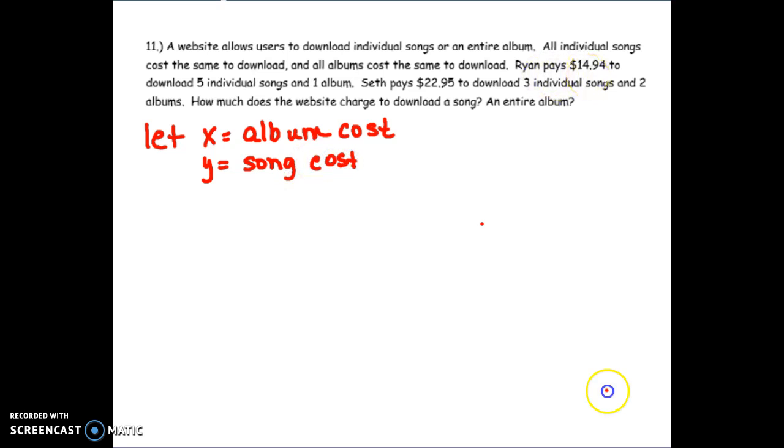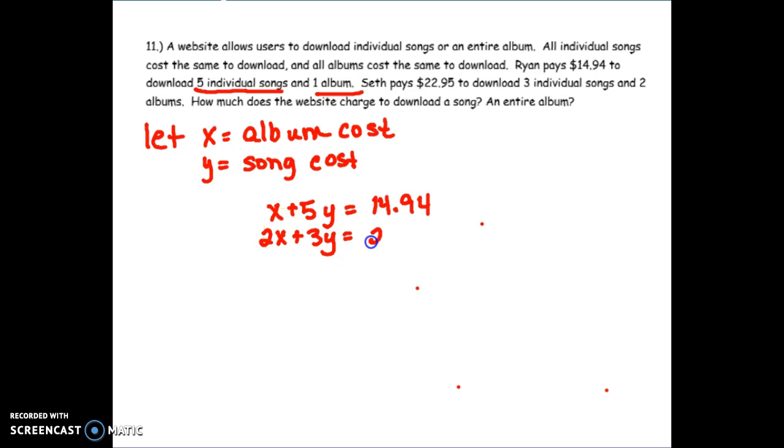Okay, Ryan pays $14.94 to download 5 songs and 1 album. Okay, so 5 songs and 1 album would be X plus 5Y, and he's paying $14.94. Okay, then the second one, Seth, he's got 3 songs and 2 albums. So 2X plus 3Y is going to be equal to $22.95.